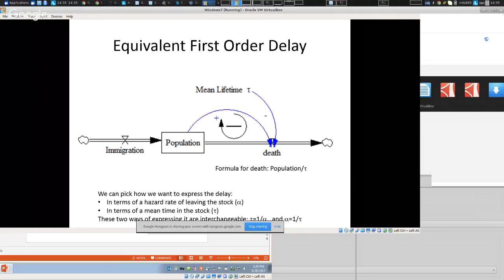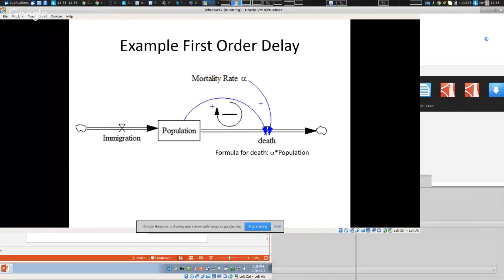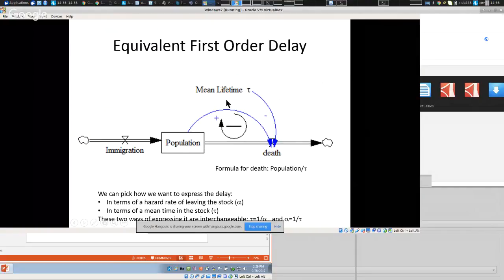Alpha, the hazard rate, is just 1 over the mean time in the stock, here shown as tau. And in this case, it's alpha times the population for this flow. In this other case, where we have mean lifetime, it's population divided by tau. That has to be the case, ladies and gentlemen, for reasons that I'll talk about. And this has deeper implications we'll be talking about later in the class.